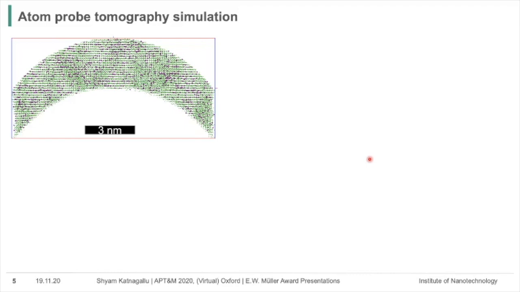In these defect volumes, we artificially introduce 15 atom percent of rhenium so that we can simulate this segregation to the defects. And in the nominal bulk composition, which is defect free, we introduce 2 atom percent rhenium randomly to match the binary alloy composition.